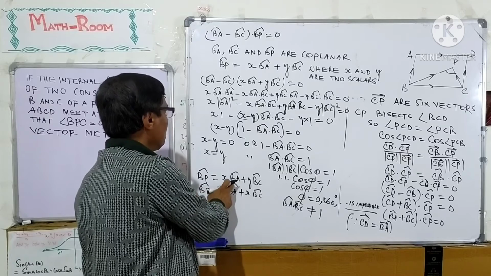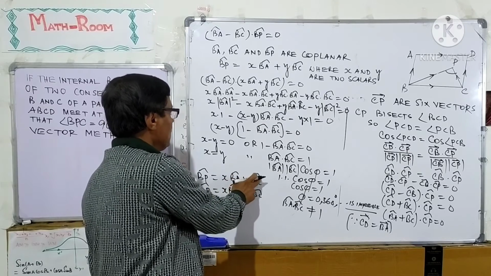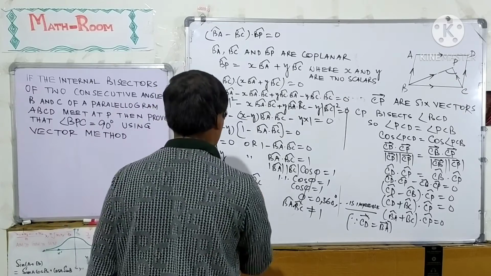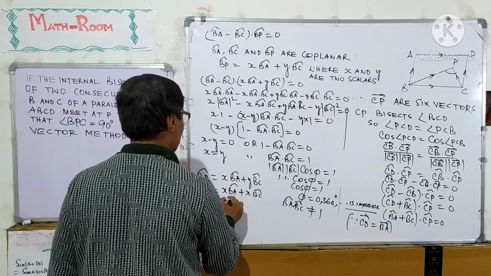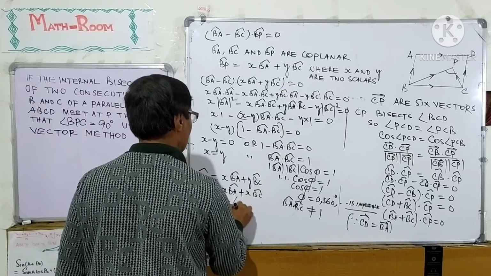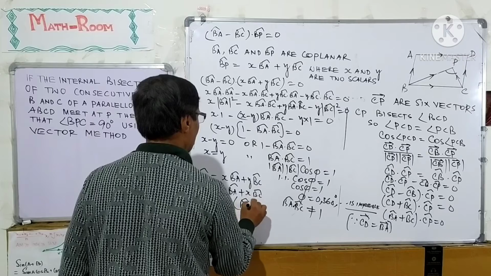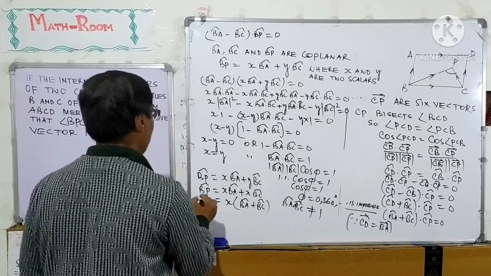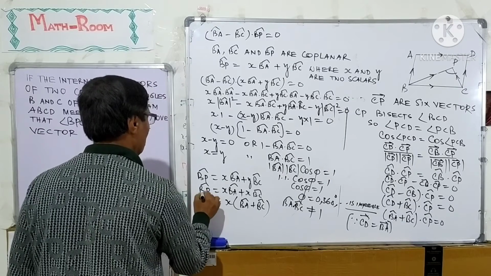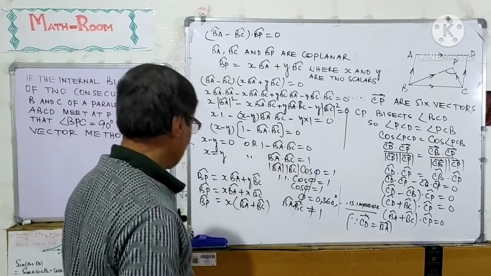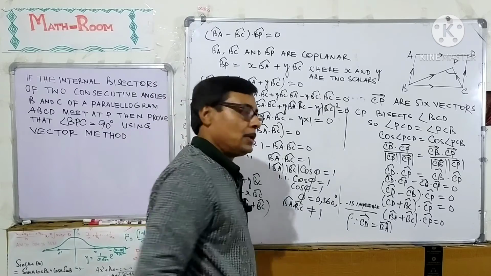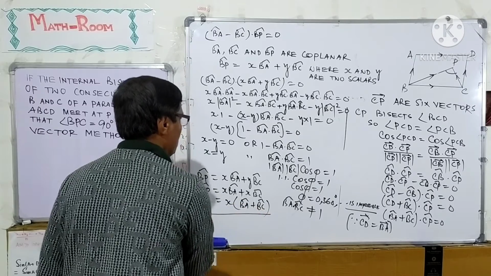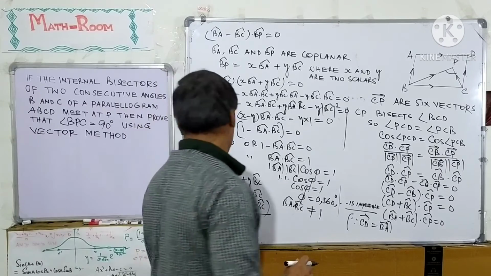So, this is also equal to x into (BA cap plus BC cap). So, BP cap is got as x into (BA cap plus BC cap).